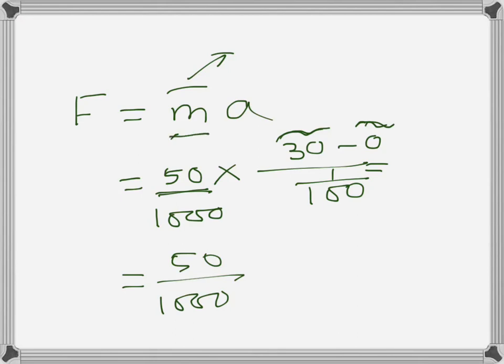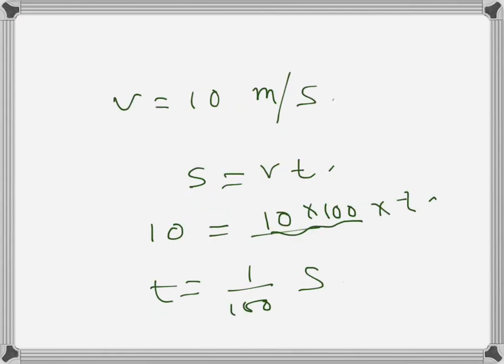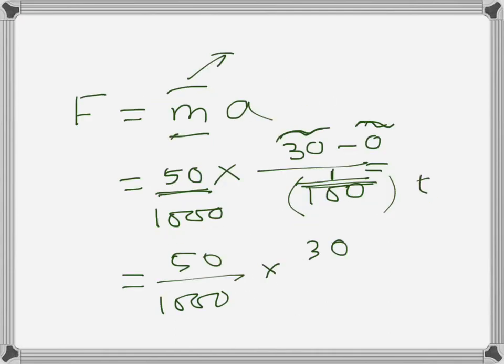So this one will be 50 over 1000 in terms of kg because the mass was given in gram, times 30, and this was 1 over 100. By mistake I wrote just 100, because this is time, and time is 1 over 100 second. So like that, and then times 100 basically.